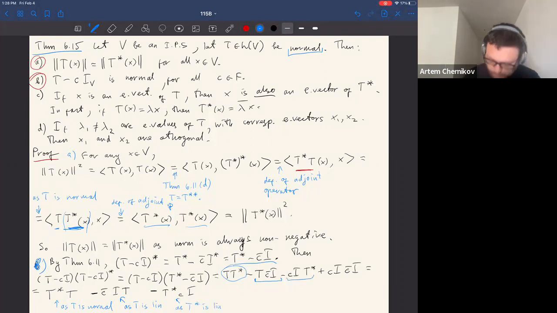What remains is plus C bar I times CI. Note I'm changing the order, because I is just the identity operator.